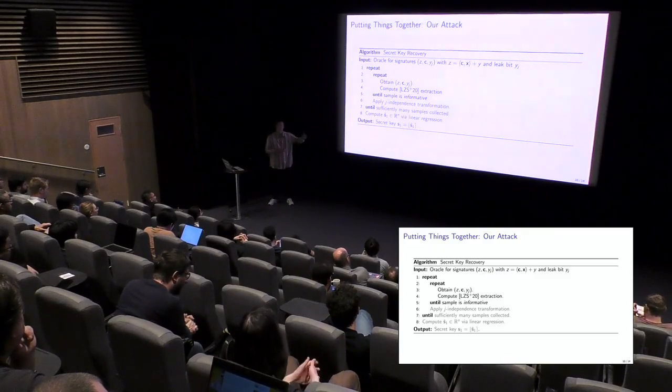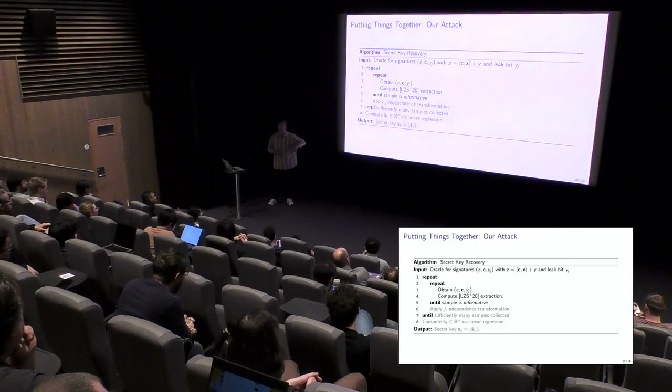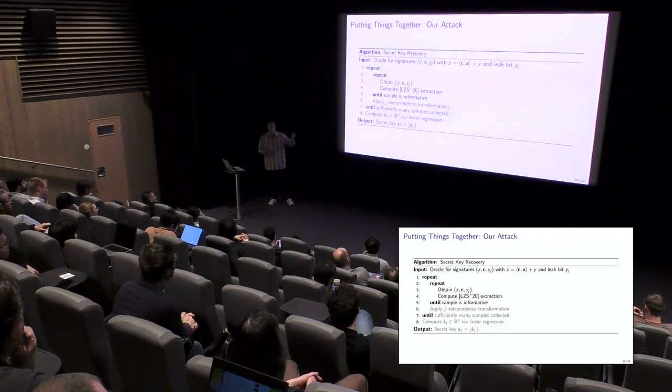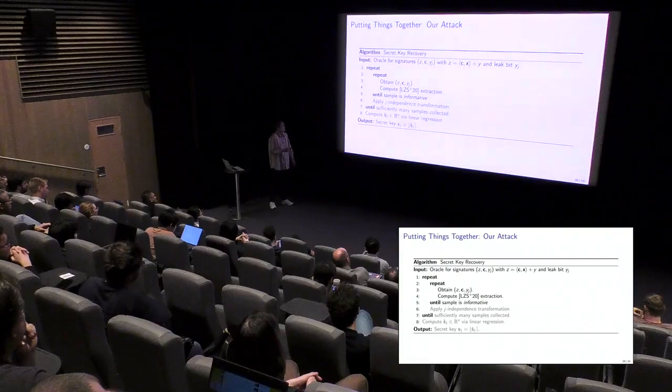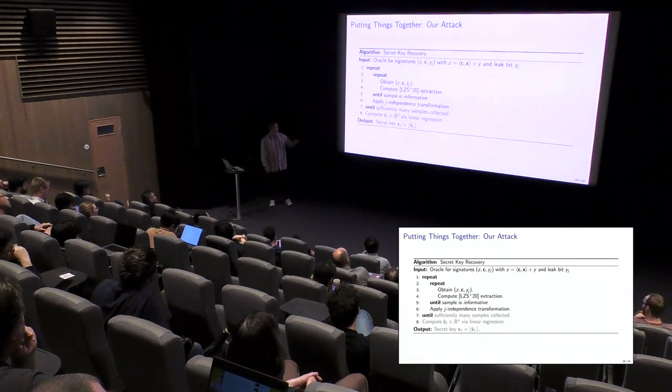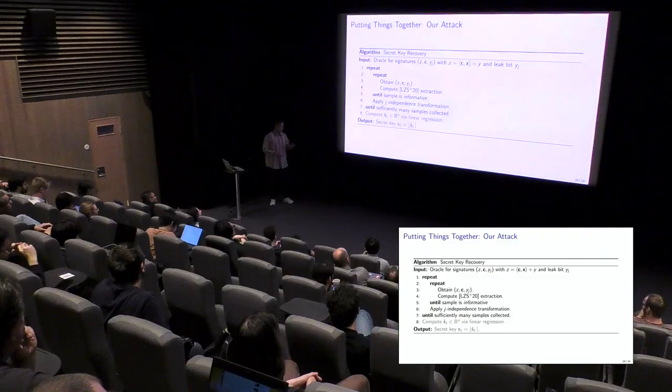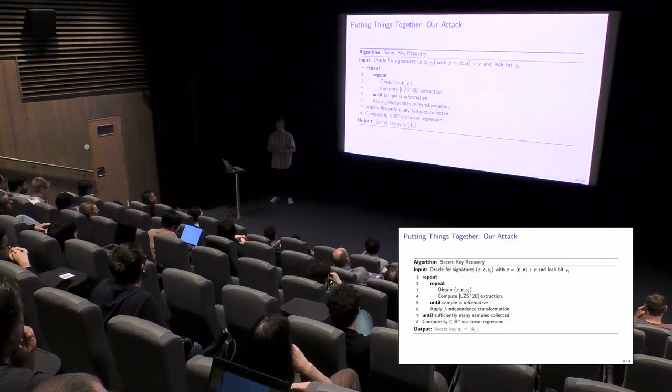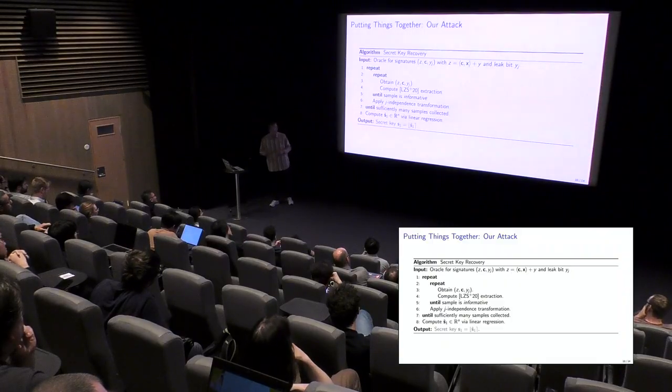If they are zero knowledge, they are dropped, and we take a new signature until we get informative ones. And then we apply the centering, the independence transformation, to achieve independence of the leakage index. And we do this until we have sufficiently many samples collected. And finally, we estimate the secret key over the reals using linear regression and round it.